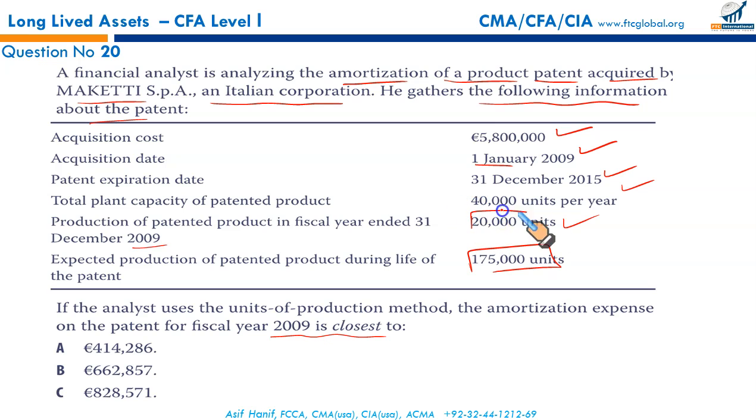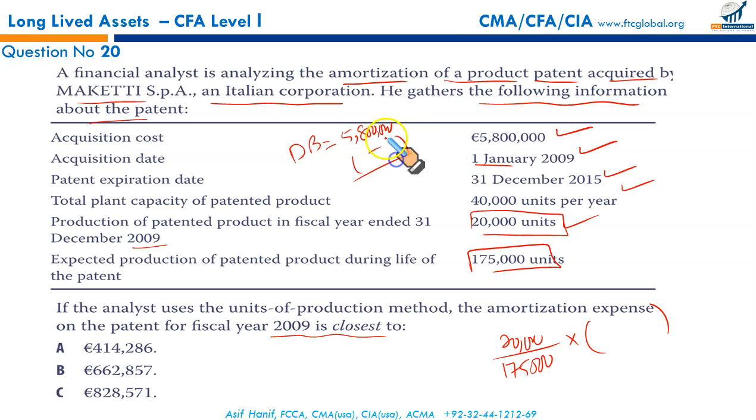This is what we have produced in the first year, and this is what is expected in total. Mind it, the denominator must be the total expected production, multiplied by the depreciable base. What is the depreciable base? It is the acquisition cost or original cost less expected residual value. Have we any residual value?